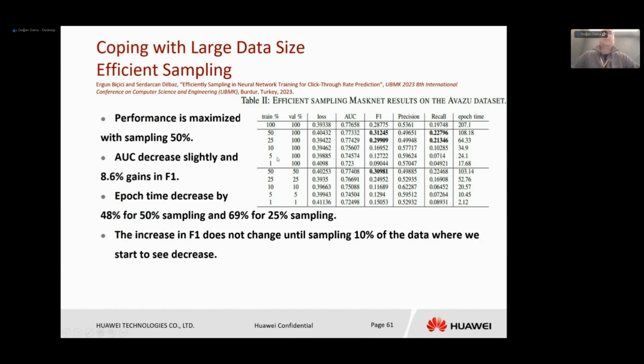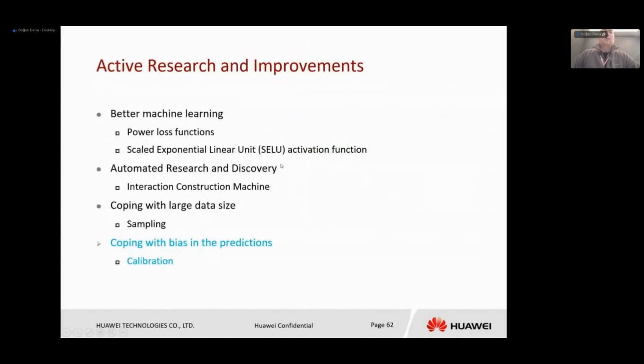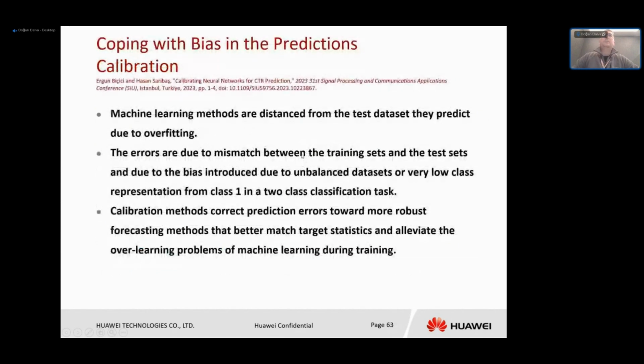Another technique we use is coping with bias in the predictions, because the test data set is different from the training data set, and their distributions are different. When we fit the training set, we can overfit, and the predicted CTR values, the p-CTR values, can differ from the CTR values on the test set.